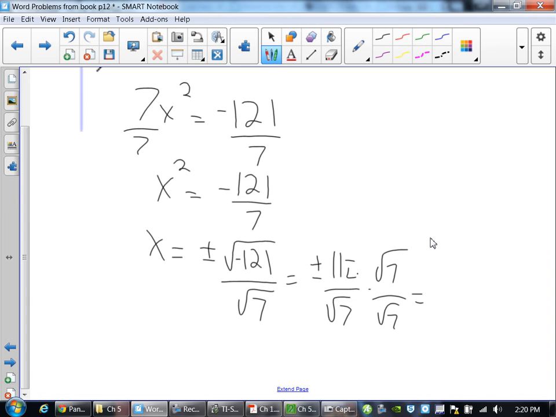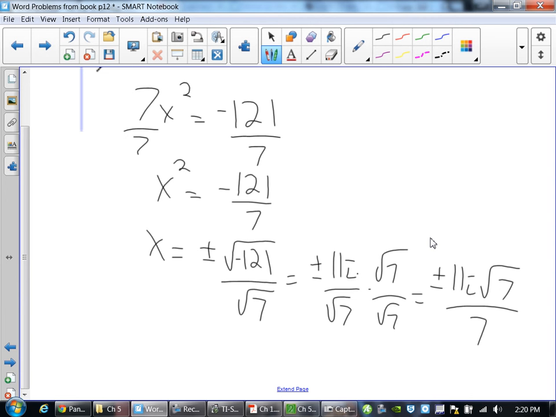So the right way to write this would be plus or minus 11i root 7 over 7. When you're writing it out with numbers, i's, and then what is that called? Radical. Numbers first, then the i, then the radical.